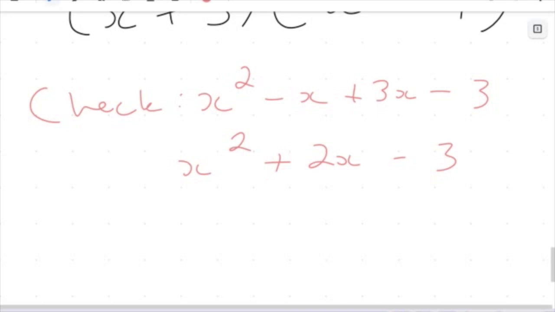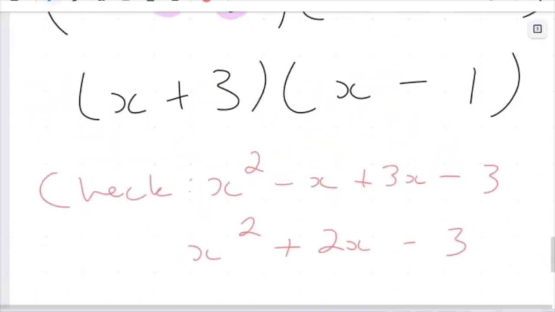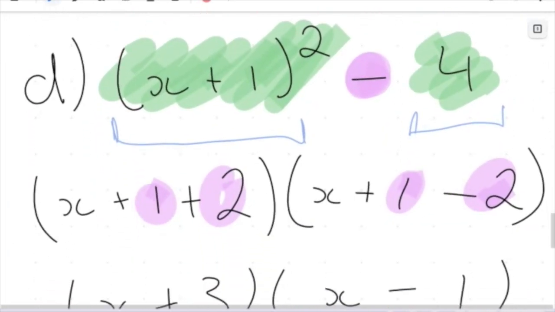Now, a lot of you may be a bit skeptical. You're saying, well, this looks a lot different to this thing up here. I can assure you it's the same thing, just presented in a different way.